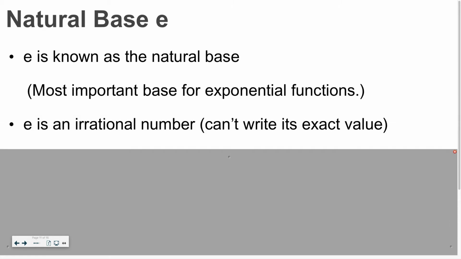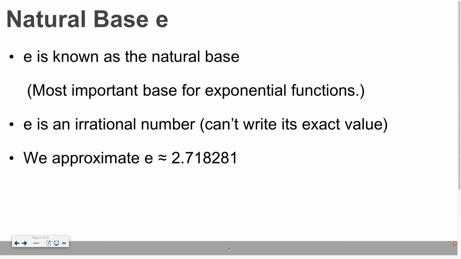E is an irrational number, which is approximately 2.718281, and so on. It's irrational, so it goes on forever. But it's very important for us. Euler's constant is very important.